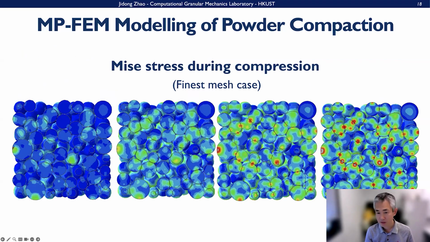In this red area, sorry, I should have put a legend here, the red area indicates that there will be plastic deformation, plastic stress developed at its contact levels, and then there is more plastic deformation occurring here. So those are the von Mises distributions during this compression process that we use this multi-particle FEM for, right?